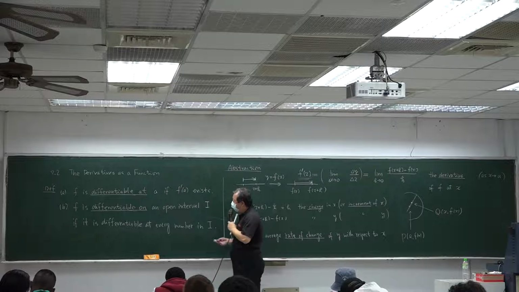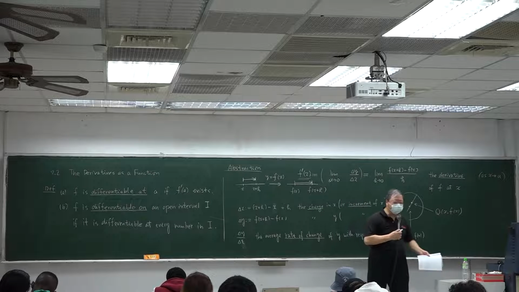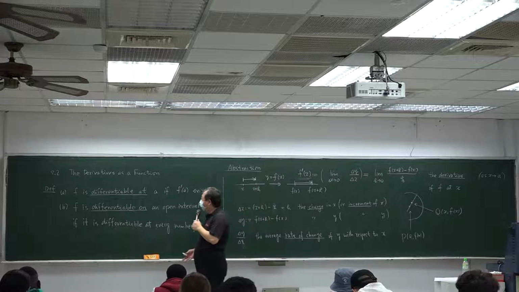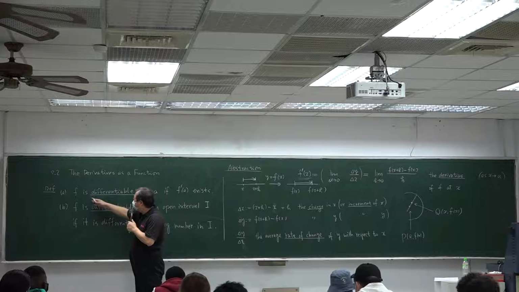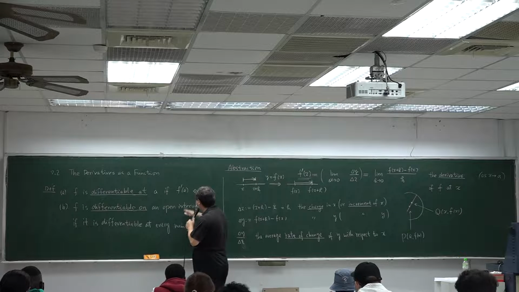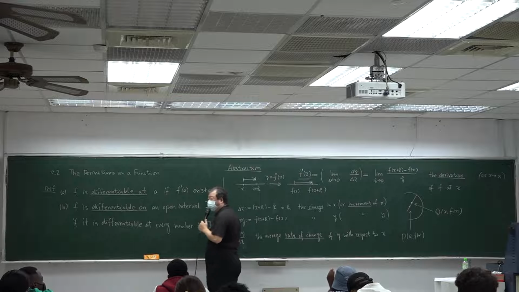Here we give two terminologies. One is differentiable. We say a function is differentiable at a number a if its derivative at a exists.